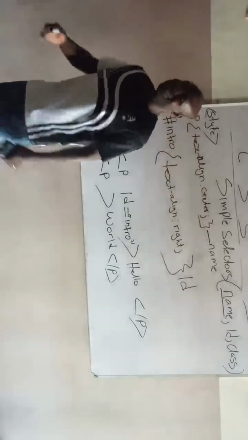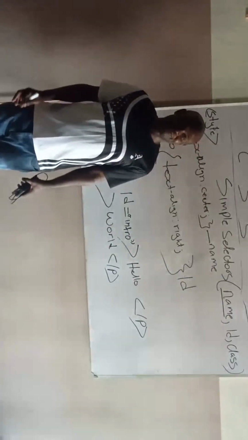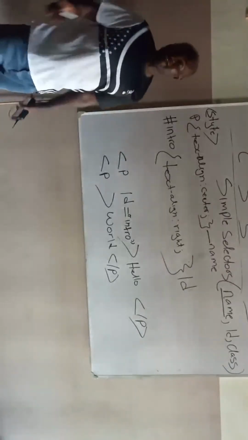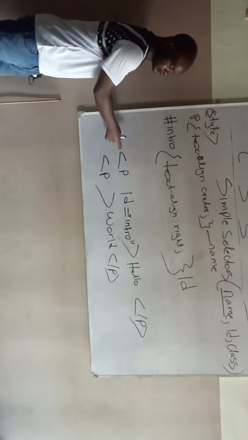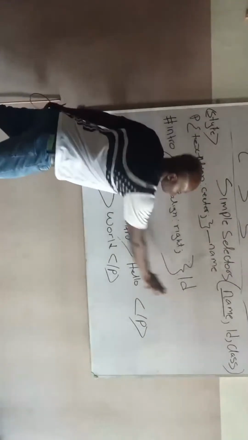It's like making them with elements, with attributes and values, like how to add colors. Now, for those of you that understand, if I still want this one to move to the right and I do not do this, what would I do?